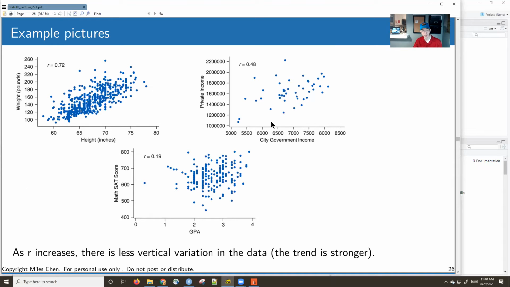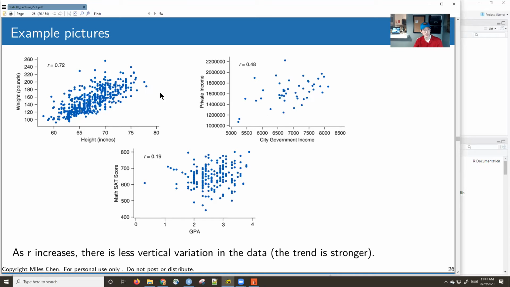This one looks at different cities across the nation and how much private income, meaning businesses and such, the city takes in. And the math SAT score versus GPA is a weaker relationship, R equals 0.19, right?